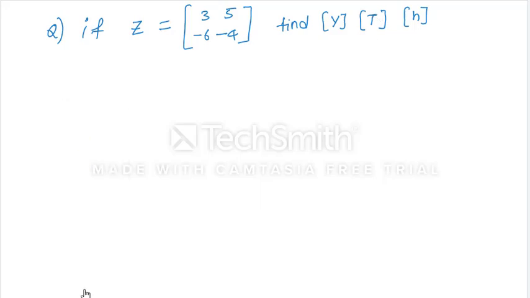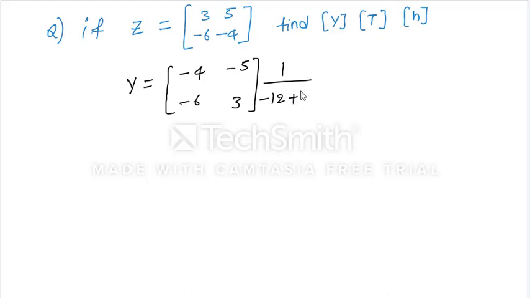Now see the approach here. The Z matrix we know now. So how to get the Y matrix? The Y matrix is nothing but simply the inverse of this matrix. Tell me the inverse of this matrix: minus 4, 3, minus 5 and minus 6. And the determinant is what now? 1 by, this is minus 12 plus 30.